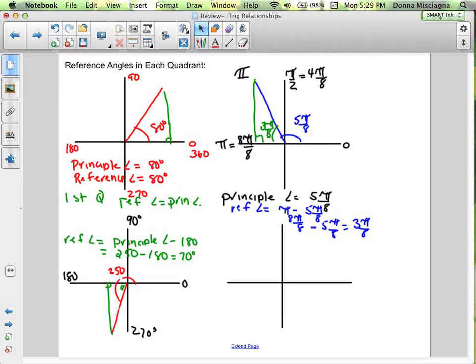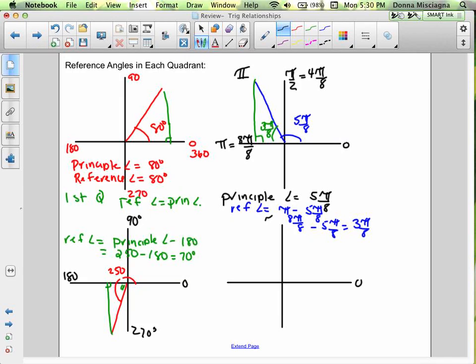All right, let's do one more in radians. This time let's do 11 pi twelfths. This would be 0.